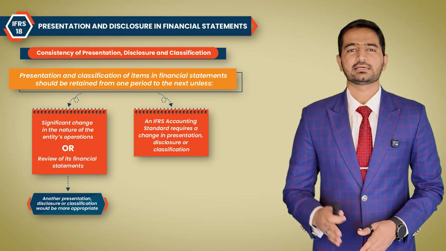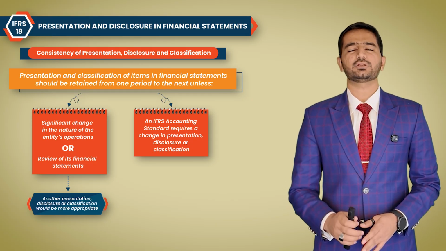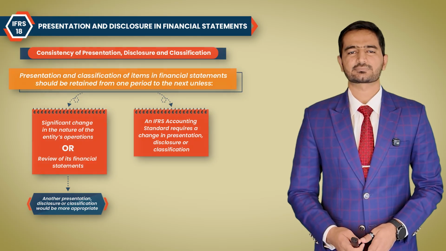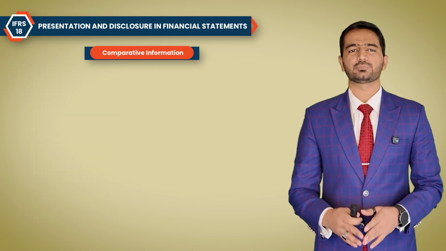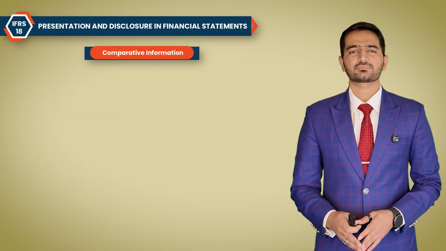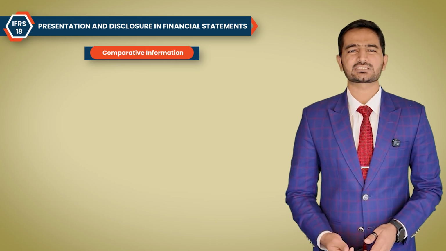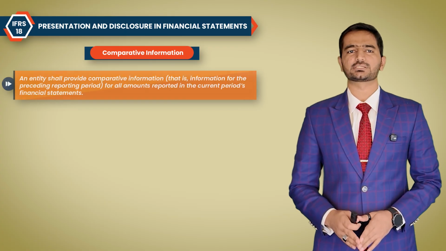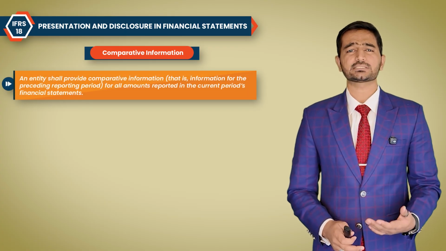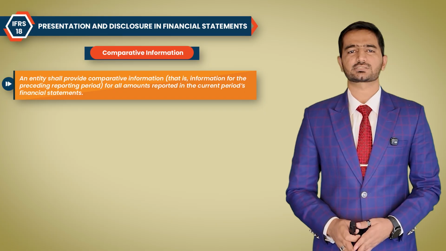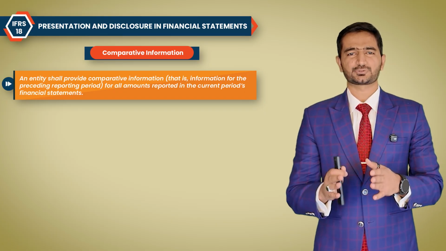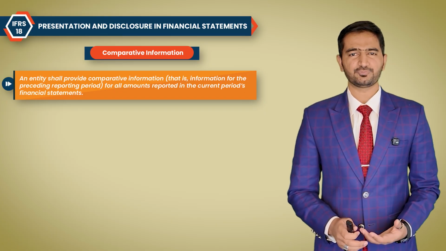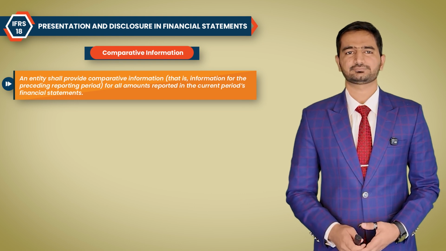Alright, my friends, let's now talk about another important requirement for financial statements, that is comparative information. My friends, when a company prepares its financial statements, it does not just report the current year figures. It must also present the numbers from the previous years so that users can spot trends, improvements or warning signs.